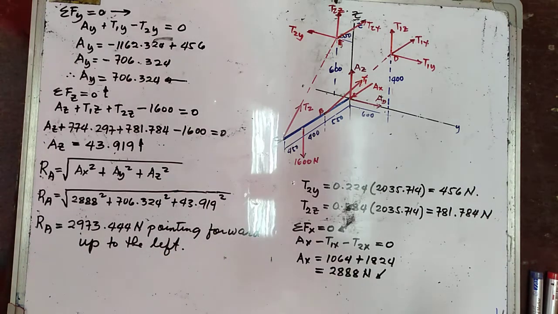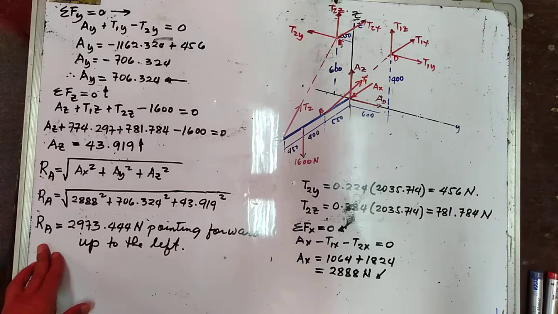Okay, so that is now the total reaction of the ball and socket at joint or at point A.